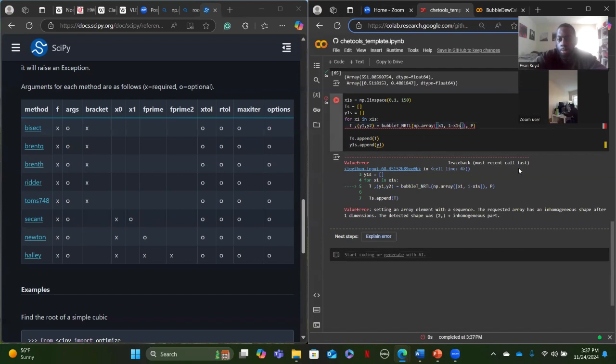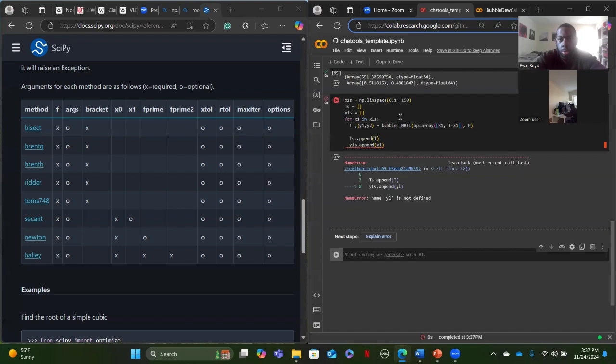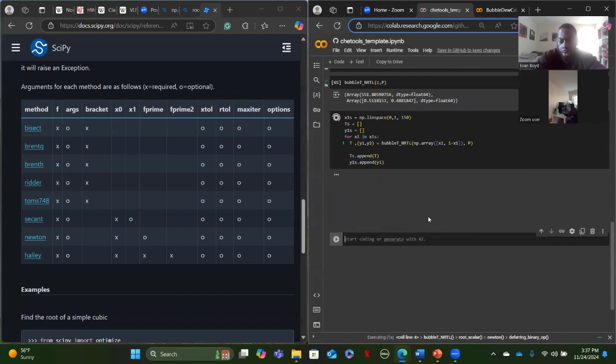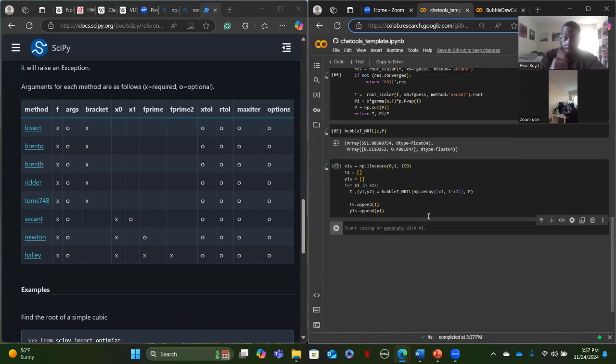Oh, and then this should also be S Y1. Oh, that's why it wasn't defined. Y1. There we go. Good. Perfect. All right, so now let's get to the plotting part.